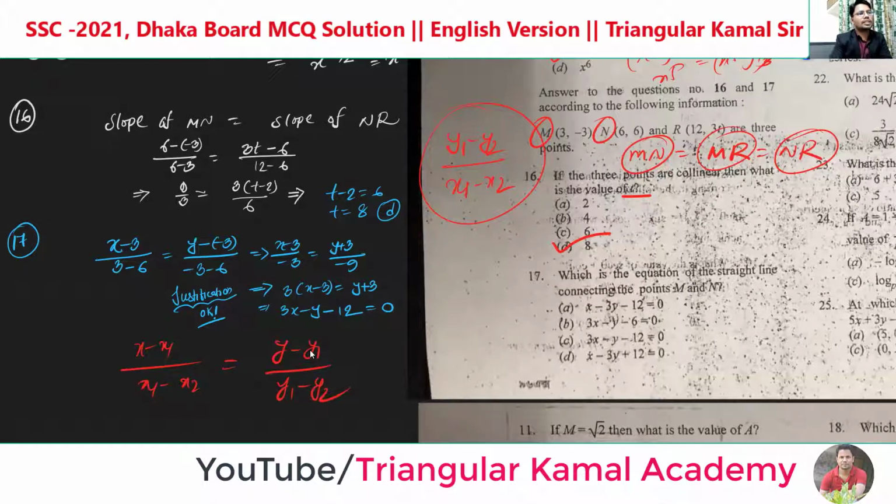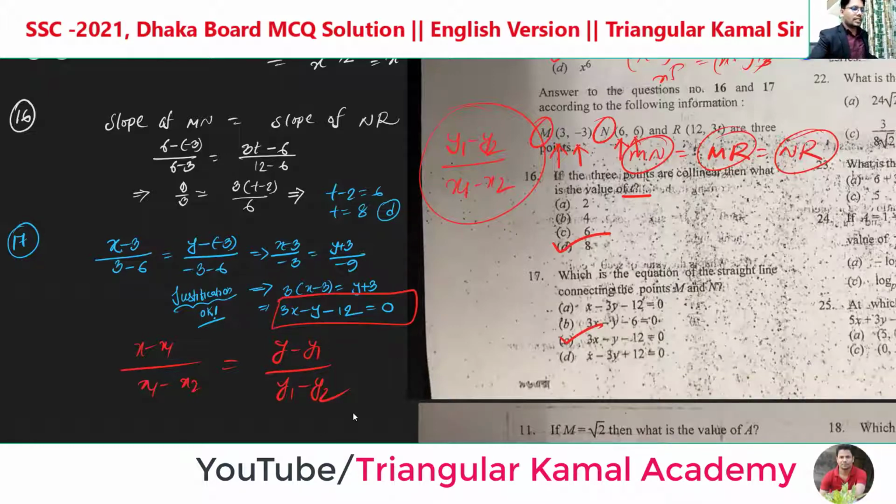So here M means this is x1, this is y1, this is x2, this is y2. Just put the values here, doing calculation, you will get this answer. So now 3x minus y minus 12, this is answer number C.